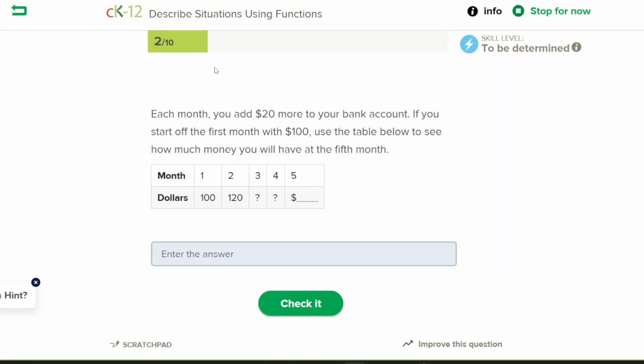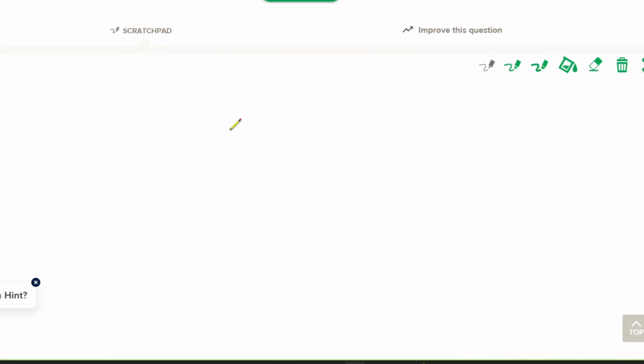Once again, I want to use a function. I want to set up an equation, set up a function to describe this situation. So you see we have months and dollars in the bank account. These are things that change over time. These are things that vary over time. So I will represent them with variables. So the number of months that have passed, call that M for months.